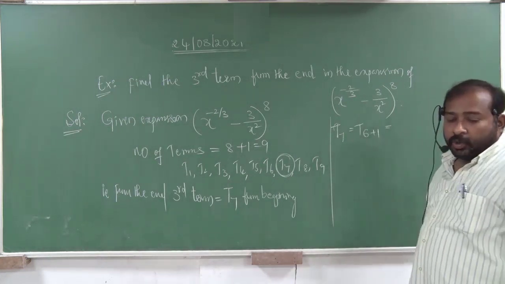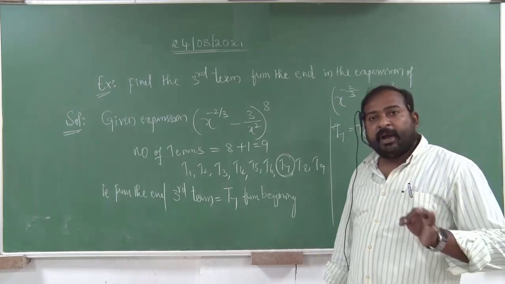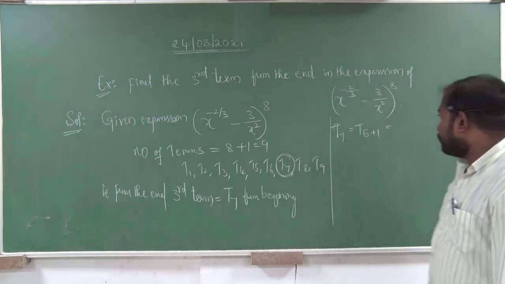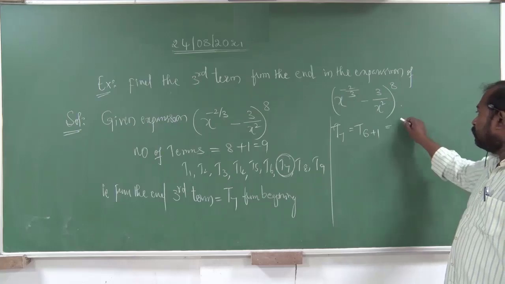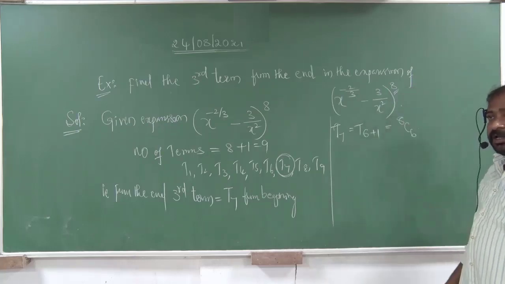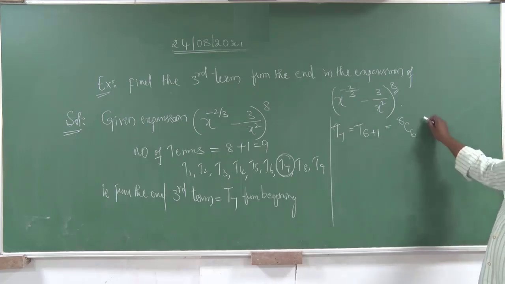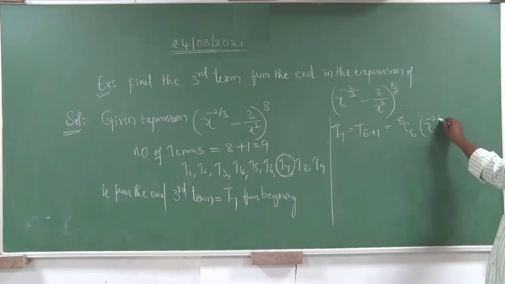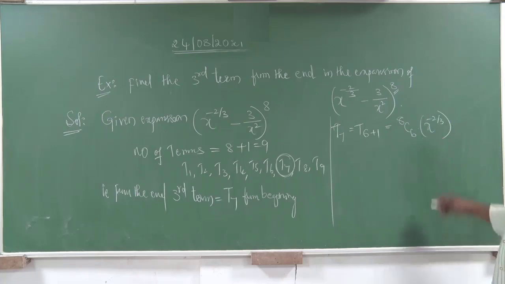Compulsory, you have to write in the general format only. So T6 plus 1 means what is the value? nC6 into, of course, n value 8 is there, 8C6 into a power n minus r, that is (x power minus 2 by 3) whole power 8 minus 6, into b power r. What is b value?